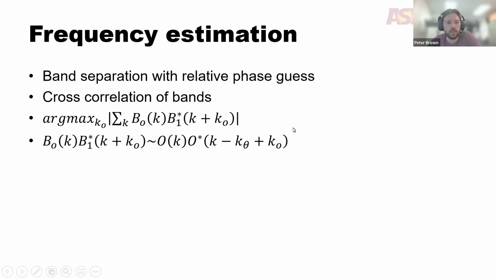So one useful way to estimate the frequency is to do an initial band separation by inverting this matrix I showed before. Here you have to assume that you know the phases of your SIM pattern. Actually, this procedure is only sensitive to the relative phases between the patterns, which typically you will know at least to a good approximation.